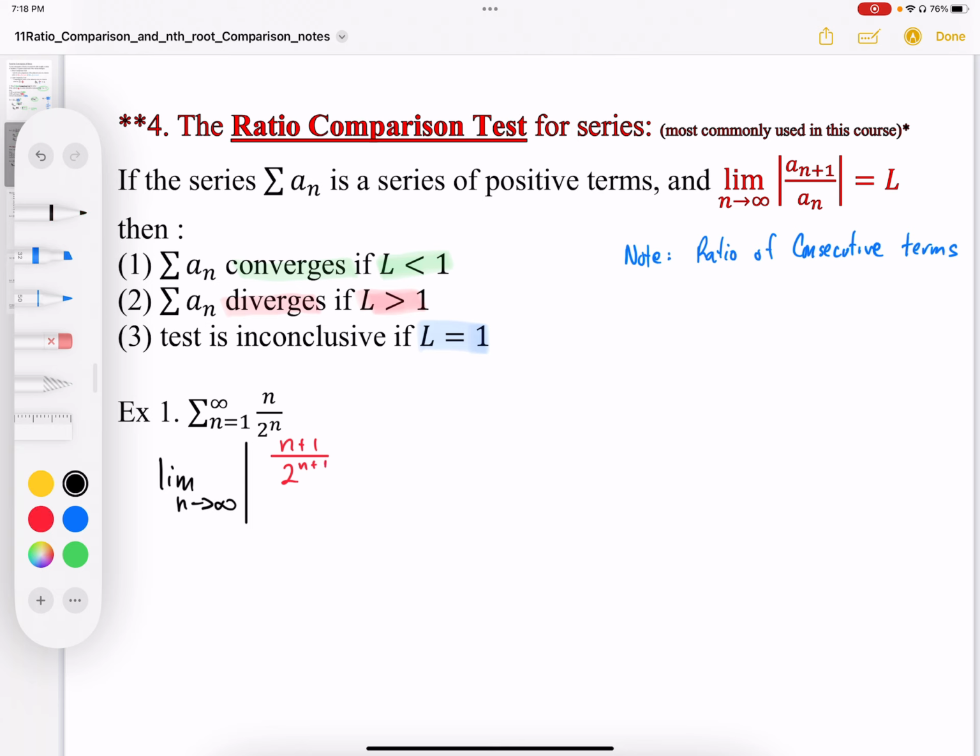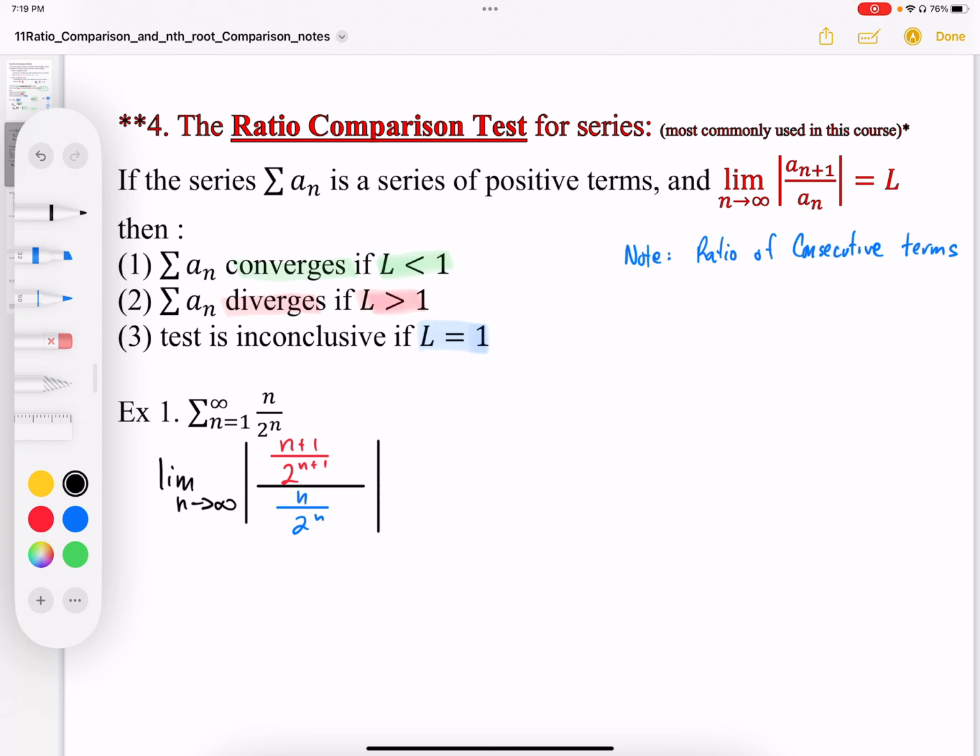That's going to be my numerator. And in the denominator, we're going to use an. So it's just going to be what I see there, n over 2 to the power n. And then I'm going to evaluate this limit.